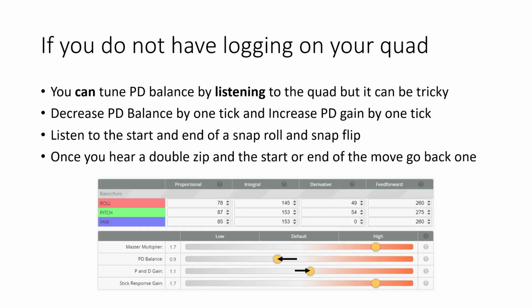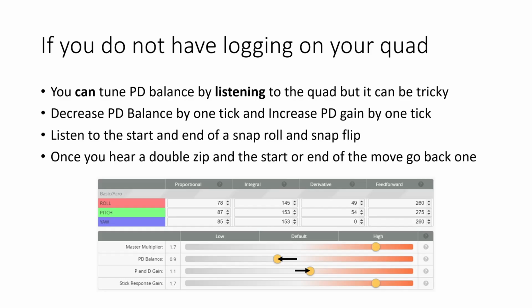You should again hear zip, zip, two zips, one at the start of the move, one at the end of the move. Now, if you keep decreasing your PD balance and increasing your PD gain, eventually you will start to hear a double zip at the start or more likely the end of the move. So you might hear something like this: zip, zip, zip. If you hear a double zip at the end of the move, that means that you've started to get bounce back overshoot, so you need to go back one.